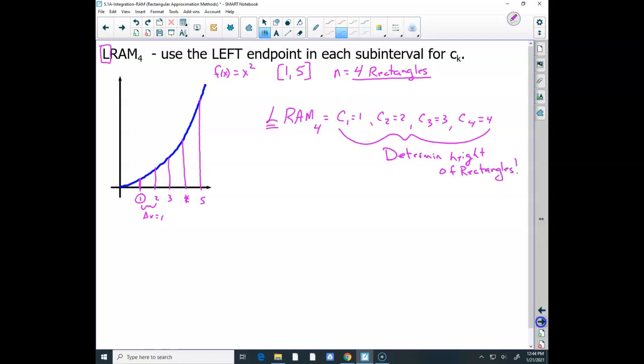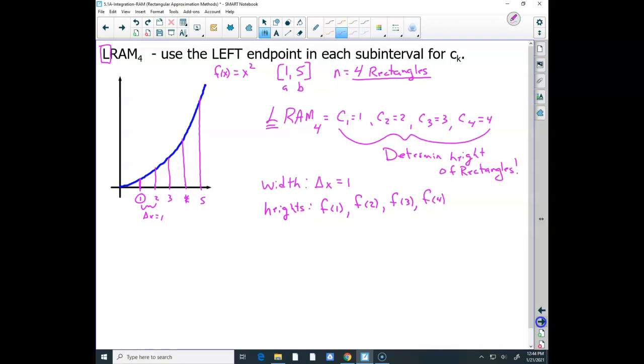Okay, it's important to know I know the width of all my rectangles. I know the width, delta x, is 1. We found that on the previous page. That's my b minus a divided by n. Which means I know my heights. My heights are going to be f of 1, f of 2, f of 3, and f of 4.